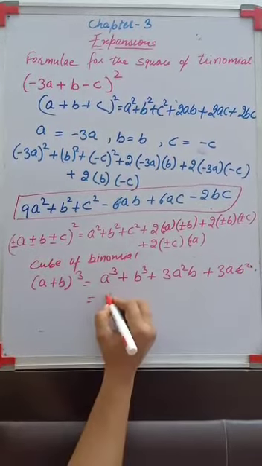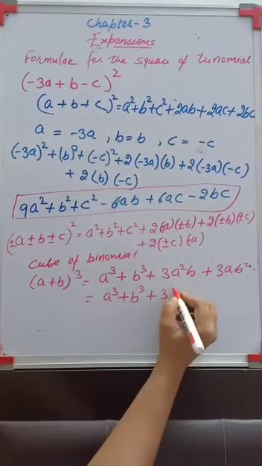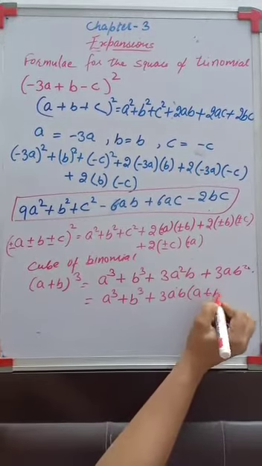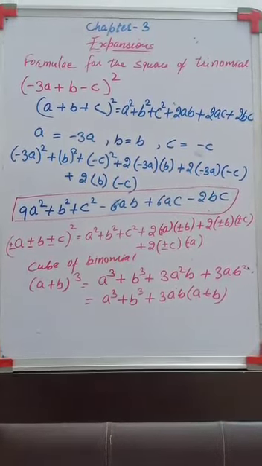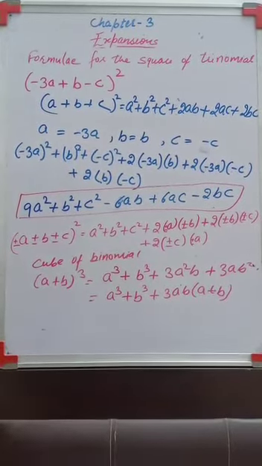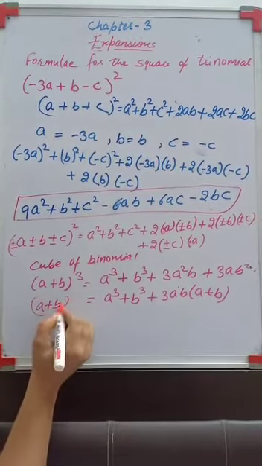Or what else can I write? It can be written as a cube plus b cube plus 3ab(a plus b). Any one of the formulas you can use. So this is the expansion of (a plus b) cube. So from here, I am getting (a plus b) whole cube is this one.